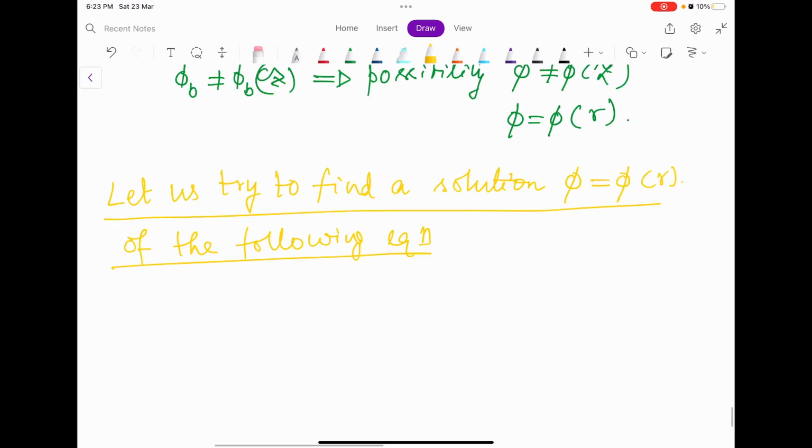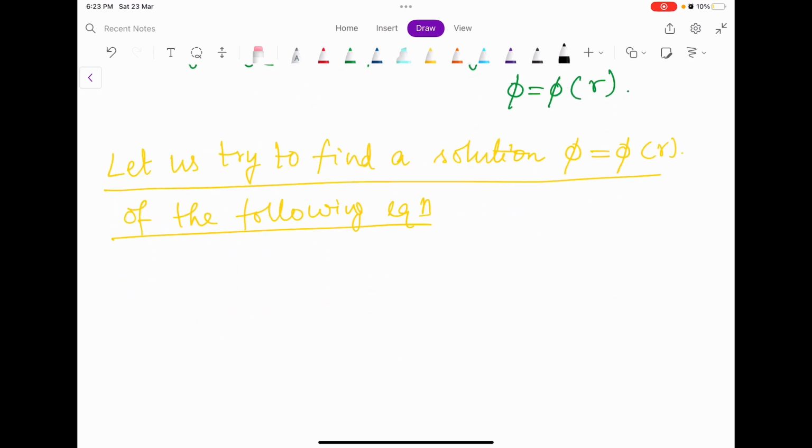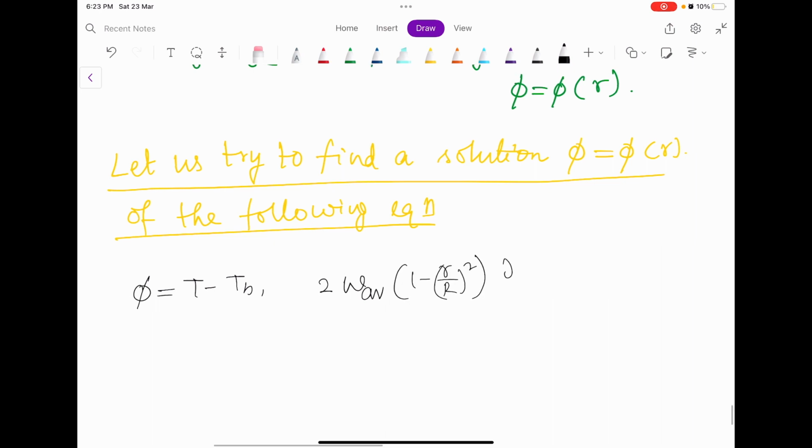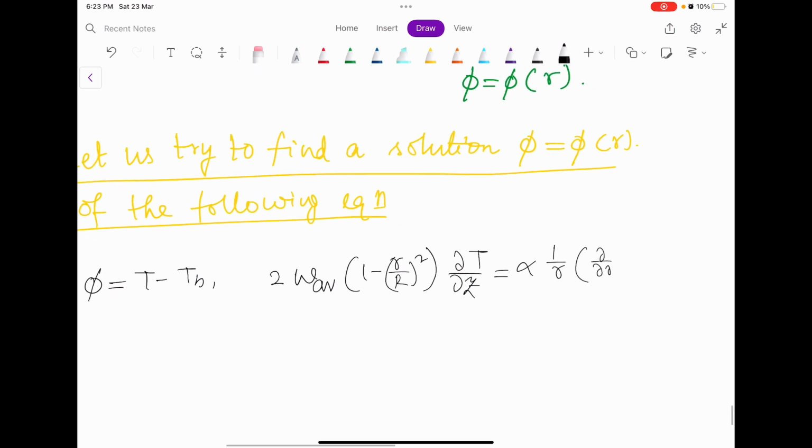That is, I have defined phi equal to t minus tb. I have the equation: u z, that is nothing but 2 into w average into 1 minus r square by R square, into del t del z, is equal to alpha 1 by r del by del r of r into dt dr.